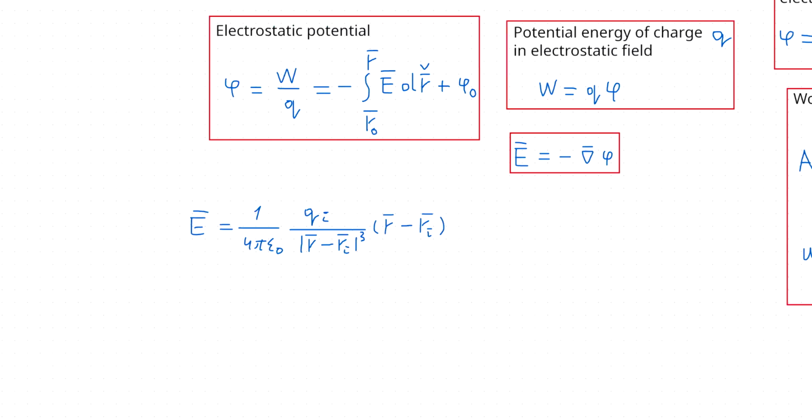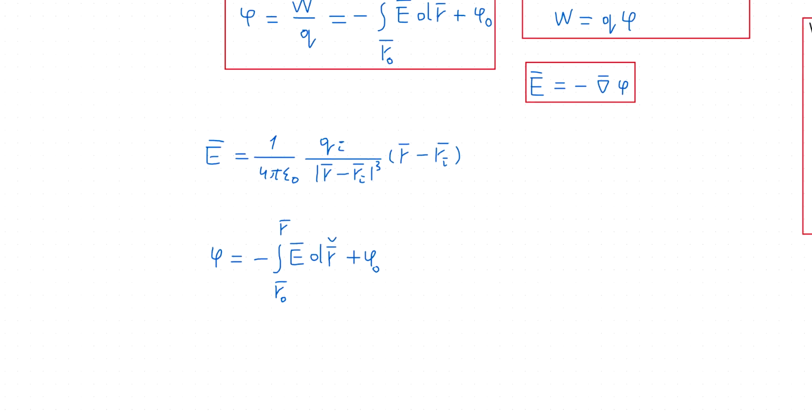According to the definition, phi is equal to minus the linear integral from r0 to r of electrostatic field intensity E dr, plus phi 0.